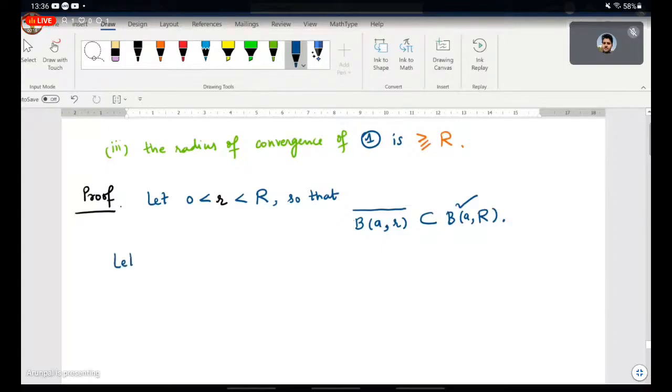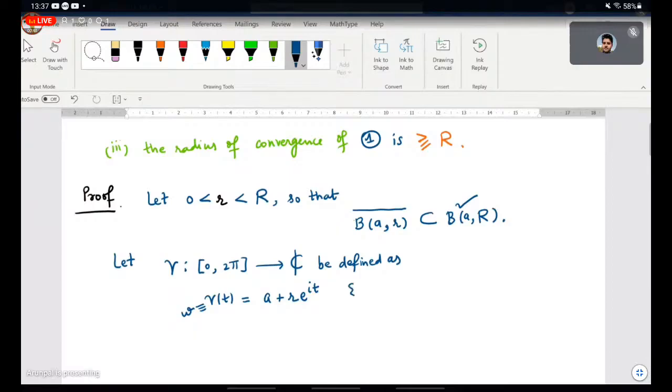Now class, also write down this path. Let this be defined as gamma(t) equal to a plus R e^(it). And you can denote these gamma(t)'s by w.